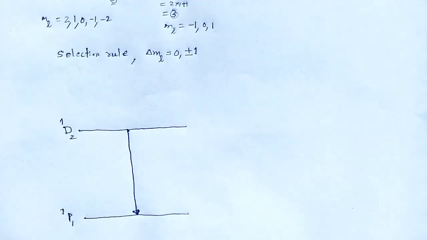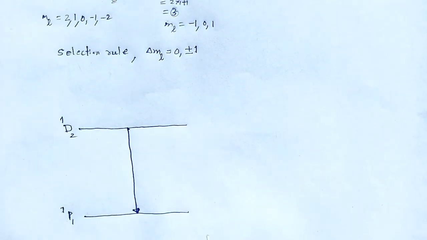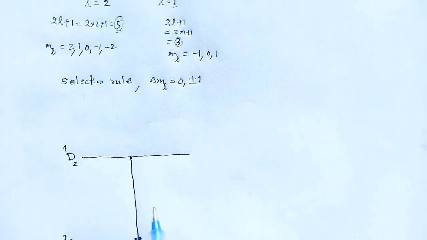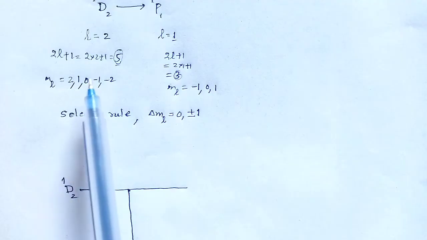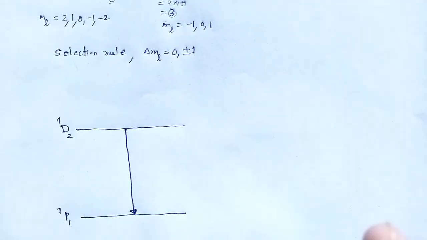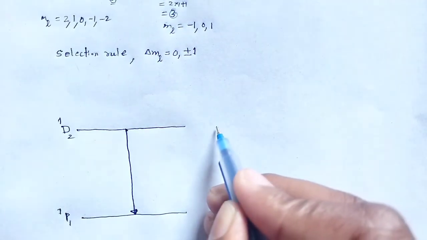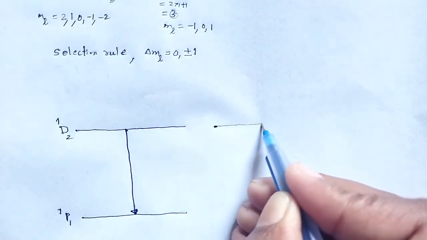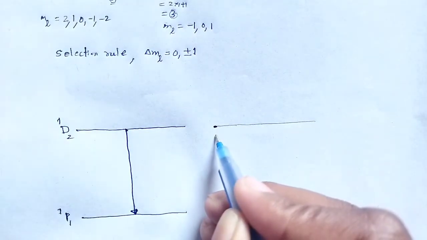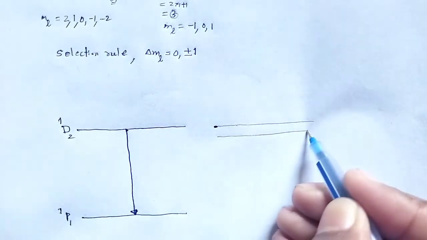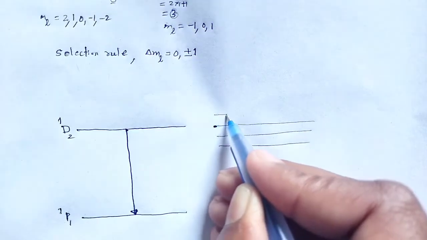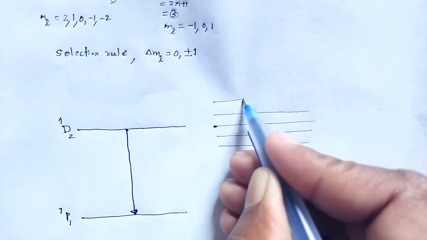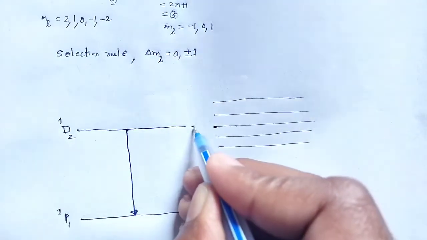After applying an external constant magnetic field, what happens? That line splits into 5 spectral lines: 1, 2, 3, 4, 5.